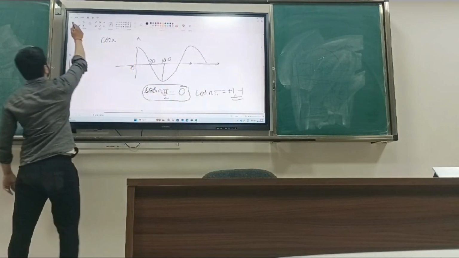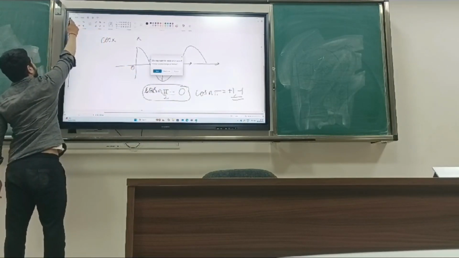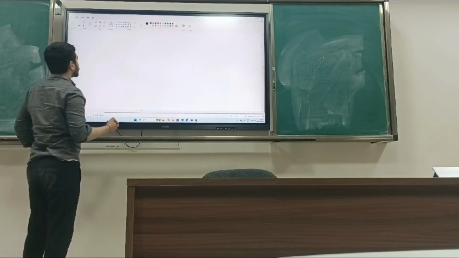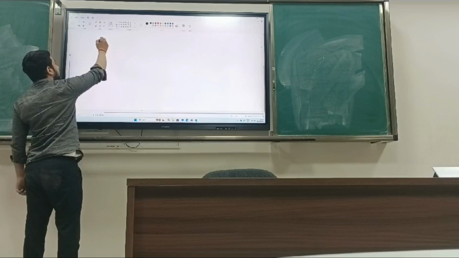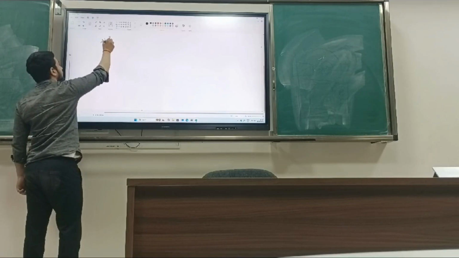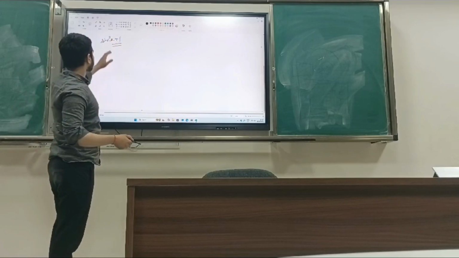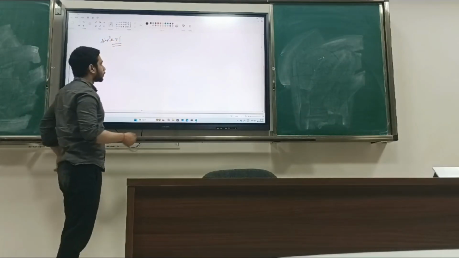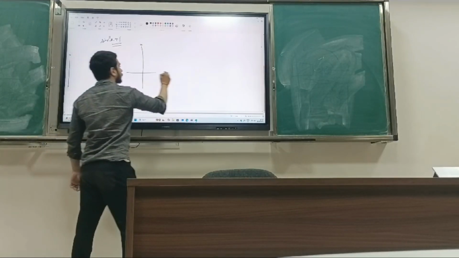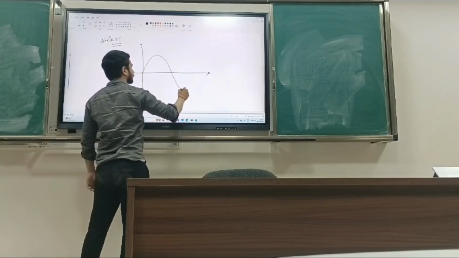So now we will see some of the equations. Suppose that the equation is sin square x plus 1. Okay, so how to draw the graph of sin square x plus 1? We know that the graph of sin x is like this.